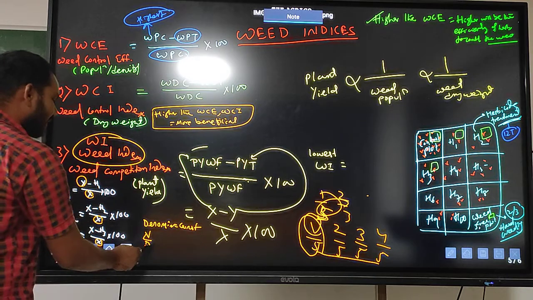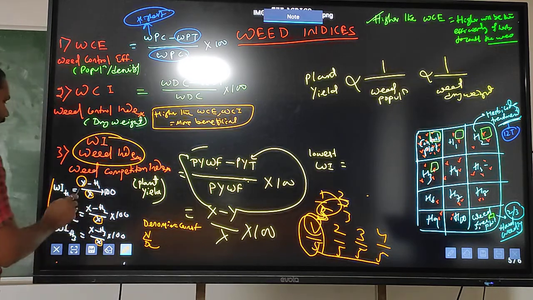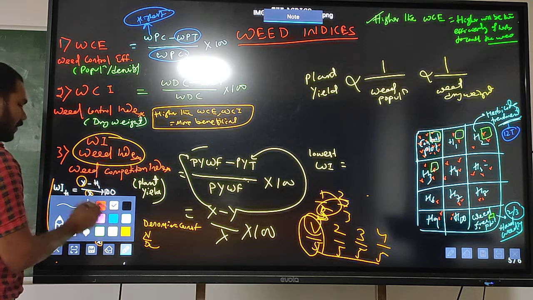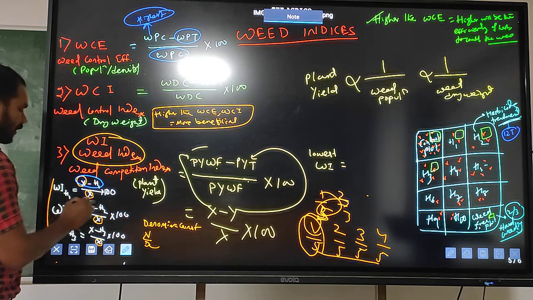Likewise, here the denominator is constant, so I will see in which case the numerator will be less.